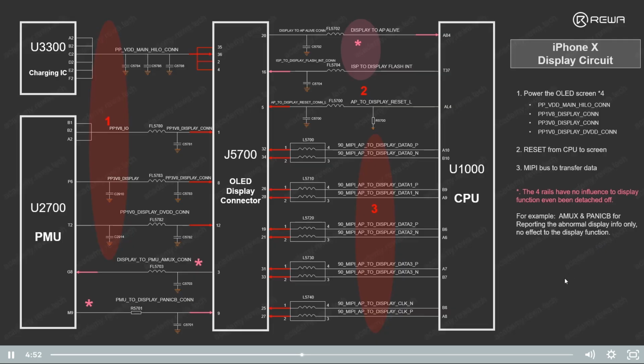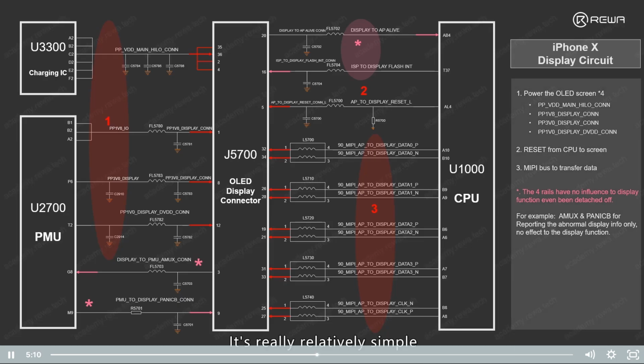Okay. So for this circuit, let's have a brief summary. Power first, then reset, then image data transfers through the MIPI bus. Okay. It's relatively simple.